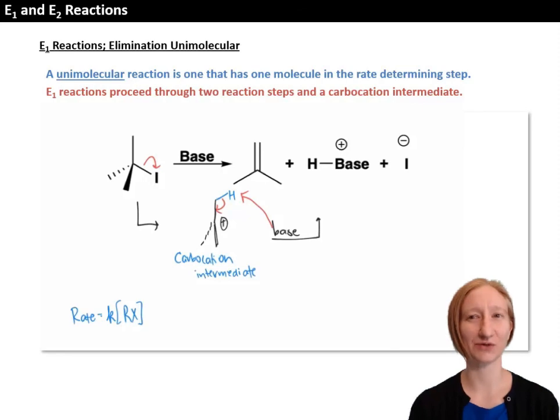Finally, because the slow step of the reaction is formation of the carbocation intermediate, the base does not factor into the overall rate of the reaction. And that means that the strength of the base is not important here. Also remember that because we form carbocations as intermediates, carbocation rearrangements can occur during these reactions.